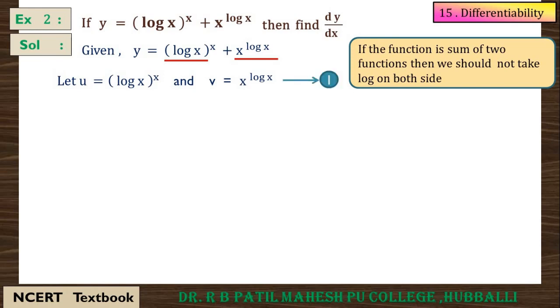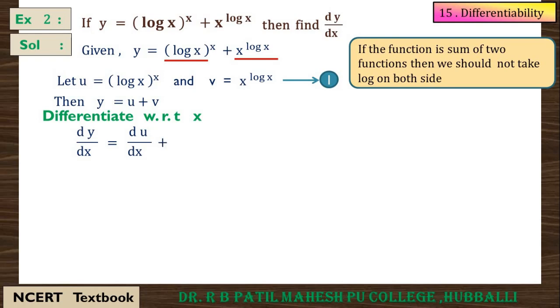Take this as equation 1. Then y becomes u plus v. So differentiate this y function with respect to x. Here u and v are nothing but functions of x. So therefore differentiation becomes dy by dx is equal to du by dx plus dv by dx.